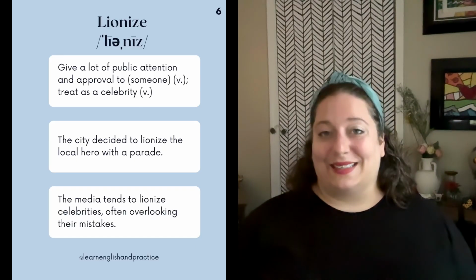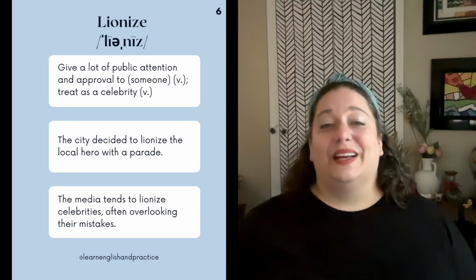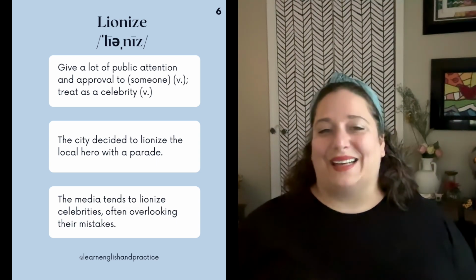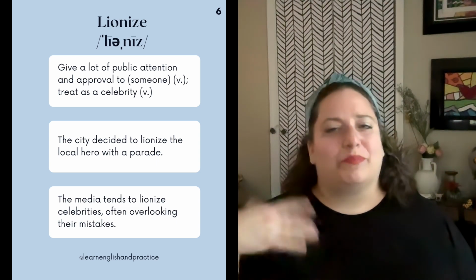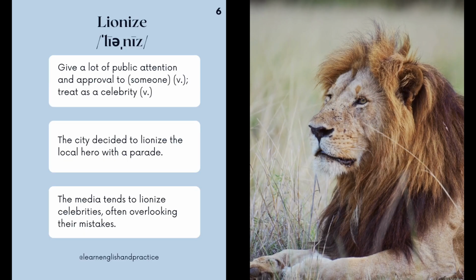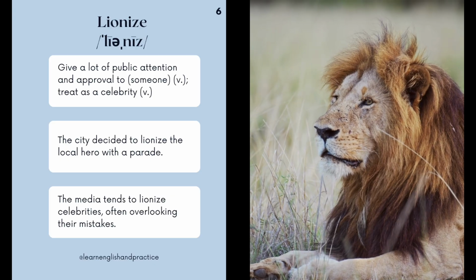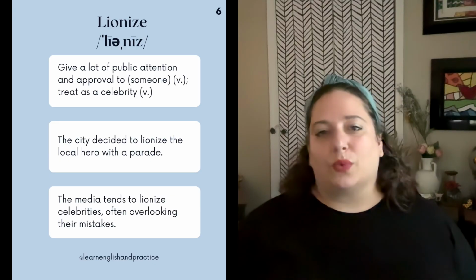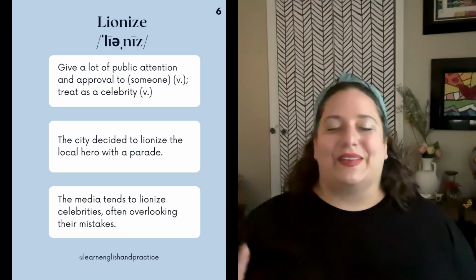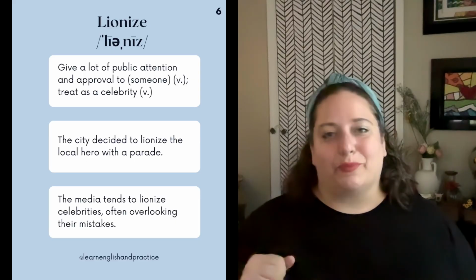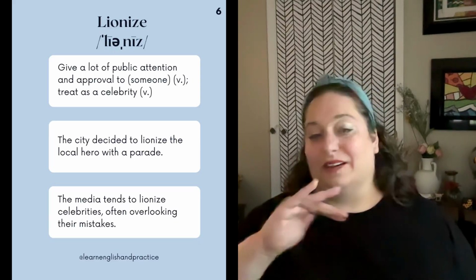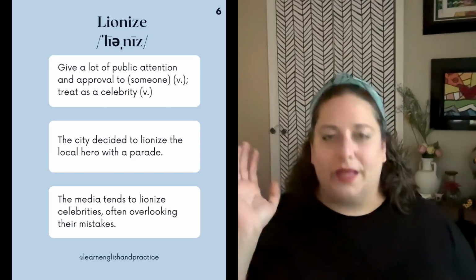So to lionize someone is to give them a lot of praise and to give them public recognition. So this word right here has nothing to do with literal lions, the animal. Rather, we're talking about giving someone a lot of praise and attention in a very public realm.